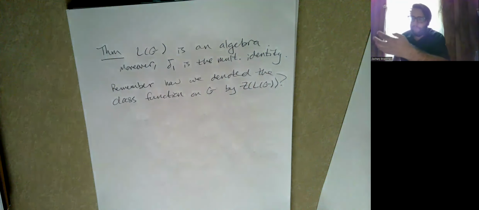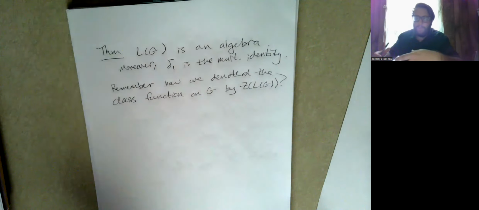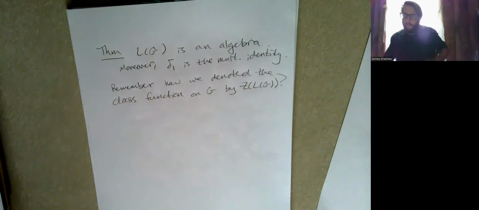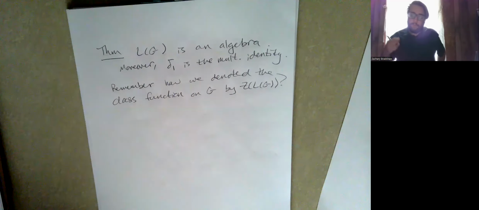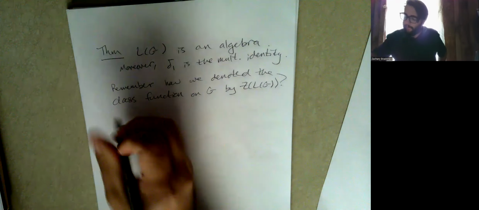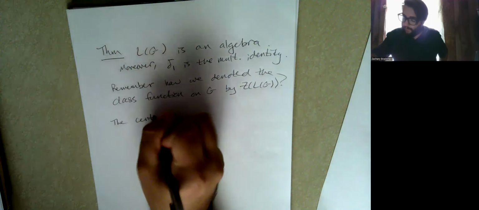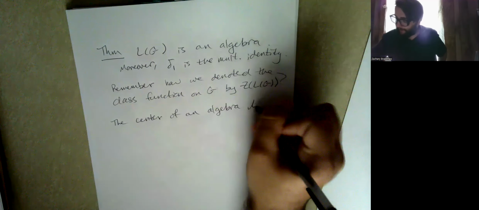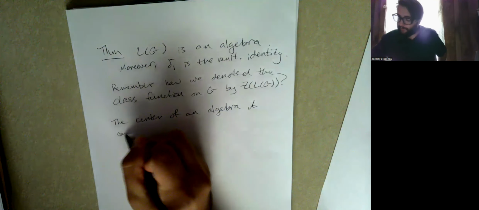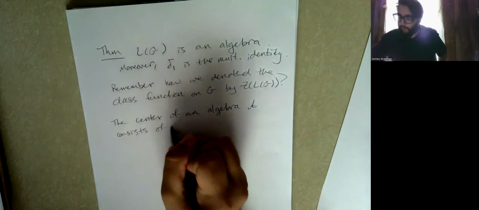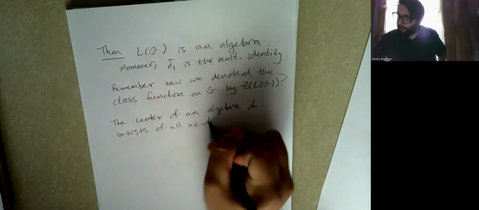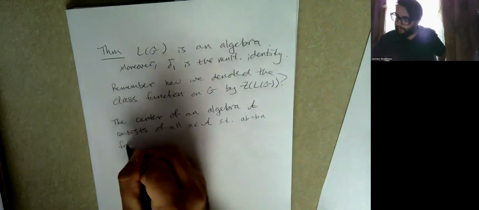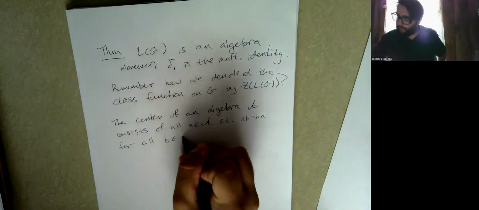Remember, the class functions were the functions which are constant on a conjugacy class of G. Okay, so the center of an algebra A consists of all A in the algebra such that AB is BA for all B in the algebra.